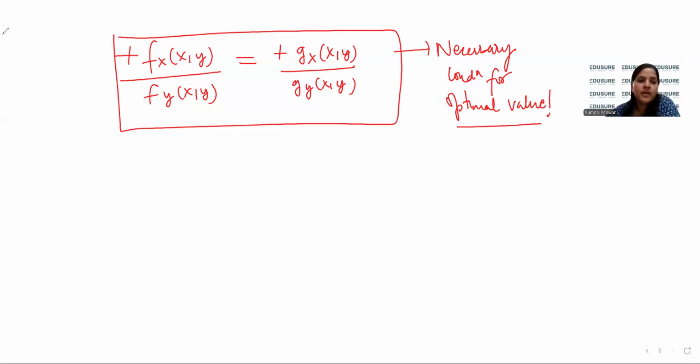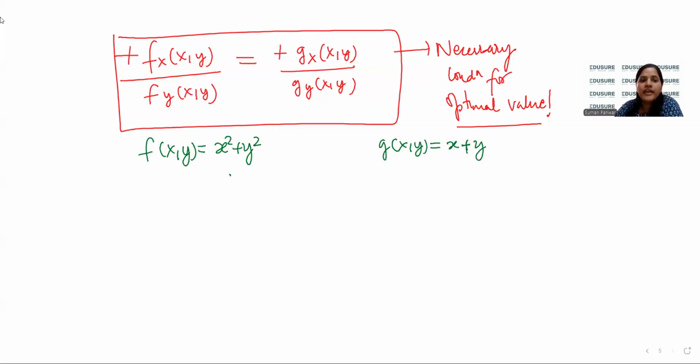Now, in the example which we had taken, our f(x, y) was x square plus y square, and our g(x, y) was x plus y. Okay.